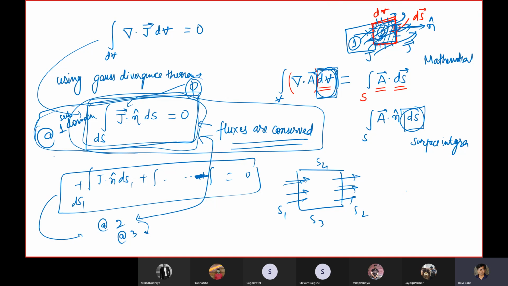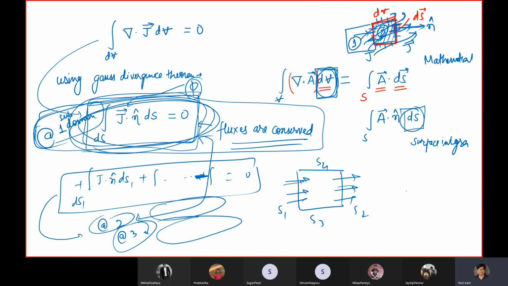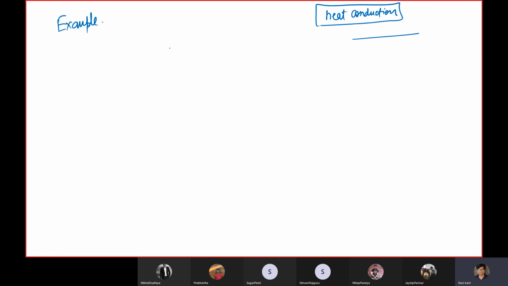But at each subdomain you need to write these individual equations, then club all those equations and write them in the form of Ax is equal to b, where x will be the values at each grid point. So values could be phi 1, phi 2, phi 3, and all sorts of things. So we'll see how, starting with a simple example, a simple heat conduction equation.